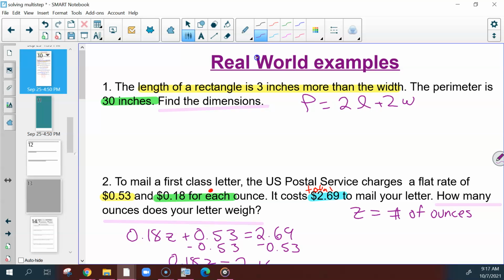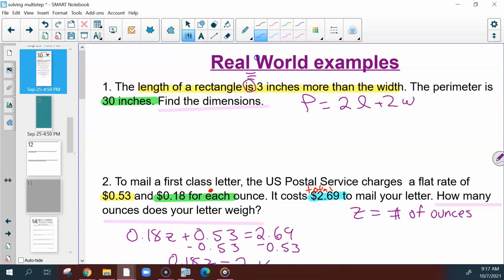Now from the words they gave us, we know something about the length, not really anything about the width. So let's look at just this first part. The length of a rectangle is, this means the word equals. And 3 inches more than the width.